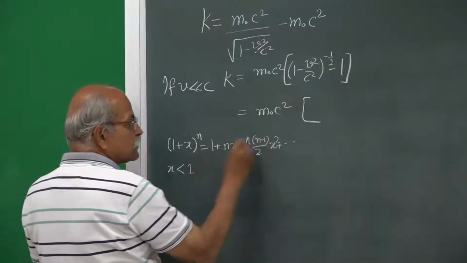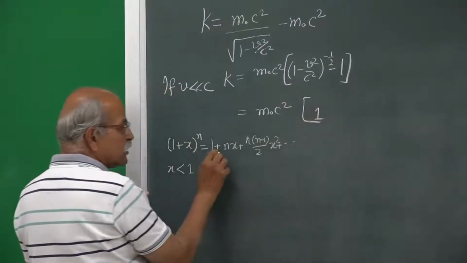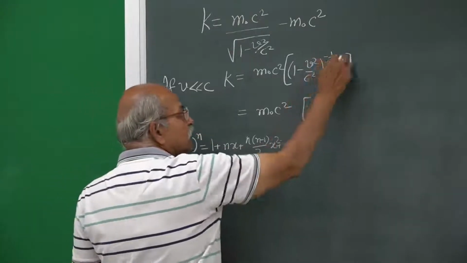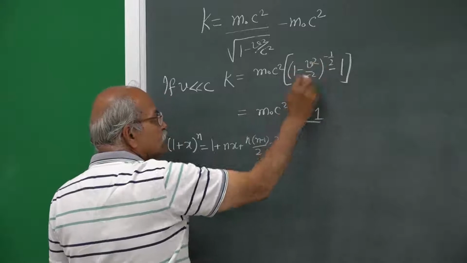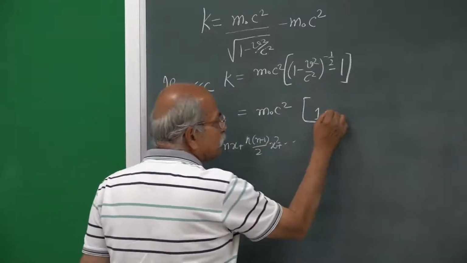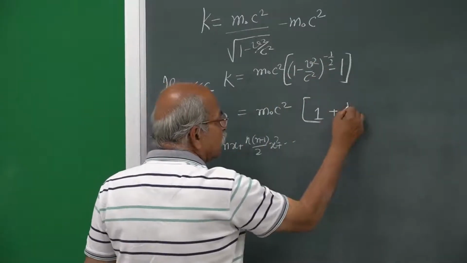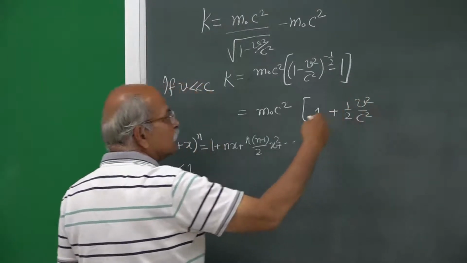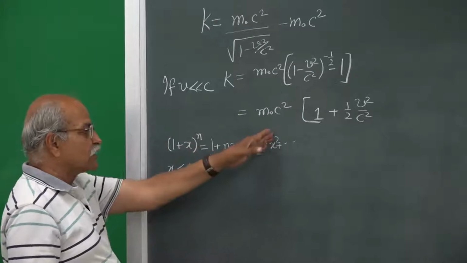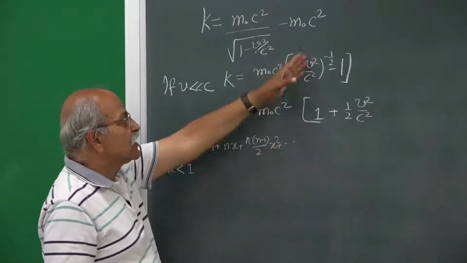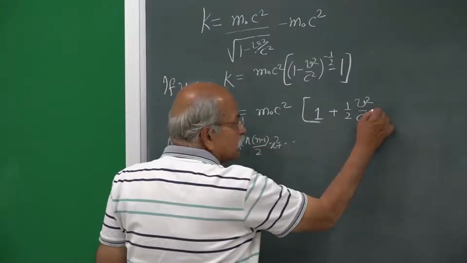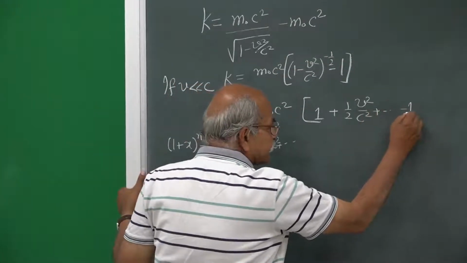So, the first term is 1, good. The next term is n times x, this exponent into this x, so minus half into minus v square by c square. So, it will be plus half into v square by c square, and then the higher terms, x square, x cube, so v square by c square squared and cubed and all those things, and minus 1 is here.